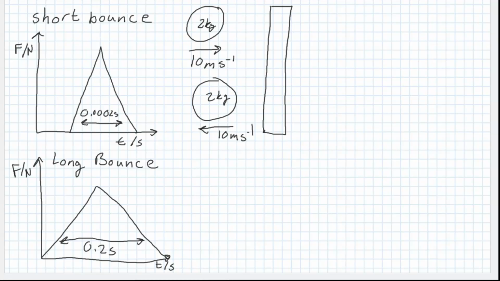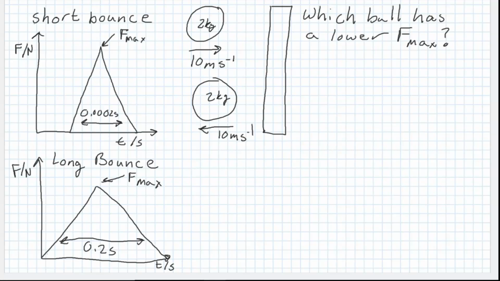Okay, so let's look at the impact of having a shorter bounce versus a longer bounce. And I want to look at the impact on the maximum force felt by the ball during the short bounce and the maximum force felt by the ball during the long bounce. So which ball will have a lower F max? Let's derive an equation for F max in general.